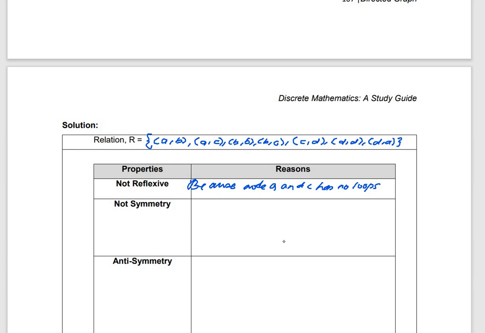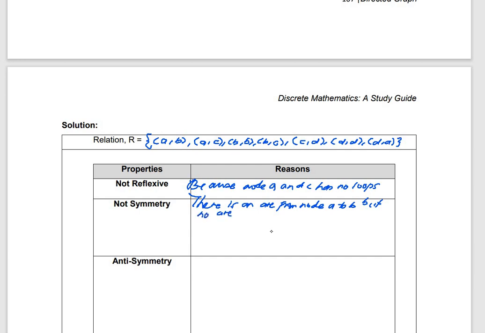Because there is an arc from node A to B, but no arc from node B to A. Okay, sedangkan dia kena ada dua-dua kan?